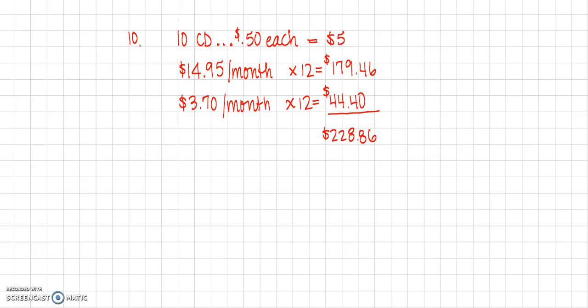But if we want to figure out how much each CD is, we also need to calculate how many CDs he bought. Well, he got 10 with the initial purchase, and then he got 12 over the course of the next year. So he got 22 total CDs.